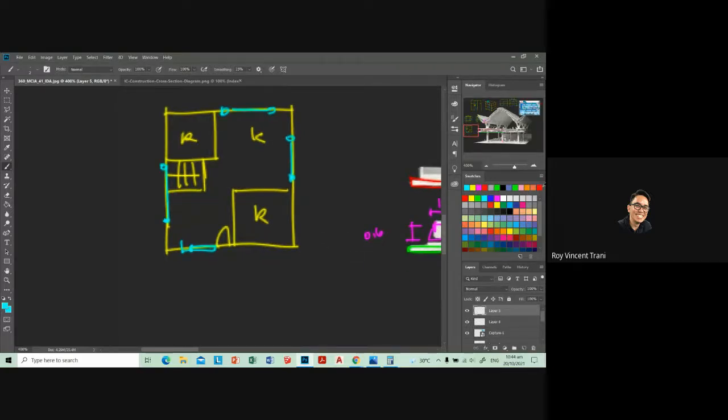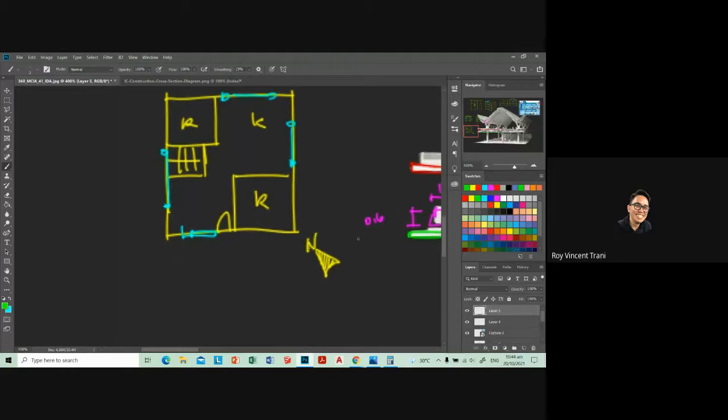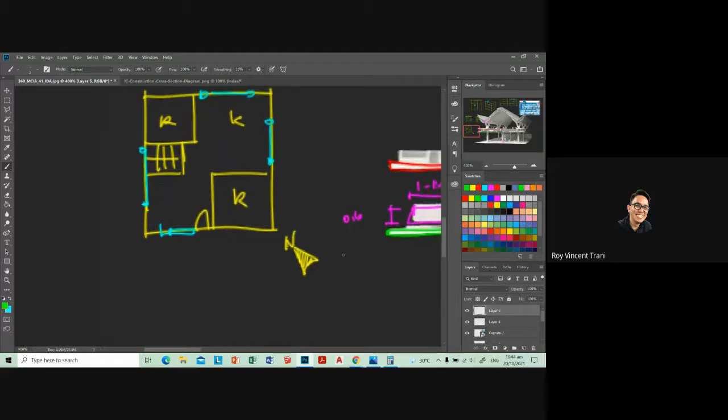This is why your site analysis is important. Let's say your site is angled like that, meaning your building is very good for admitting natural ventilation because our major winds come from the northwest and the southeast. So this is where your wind rose diagram comes in.